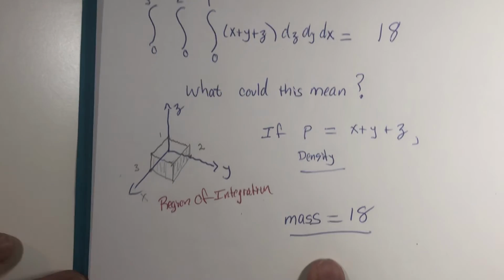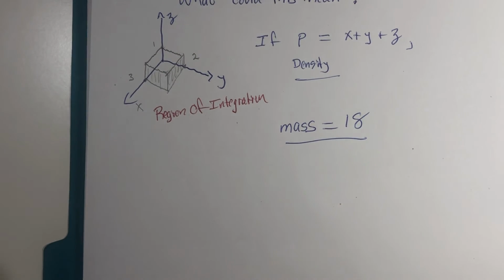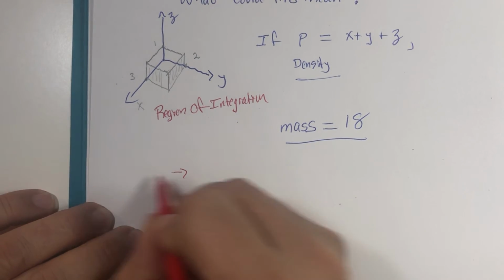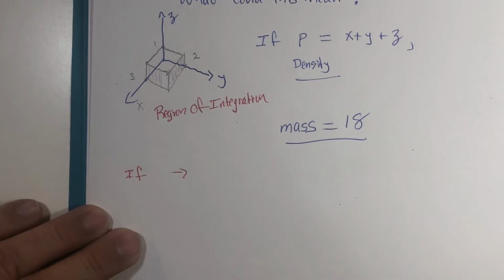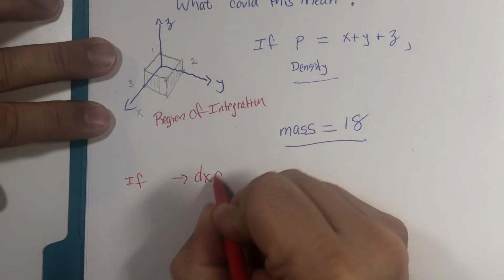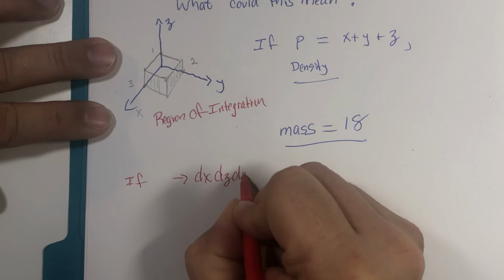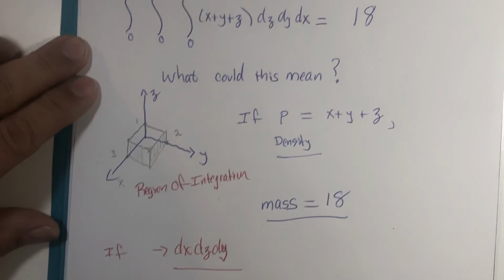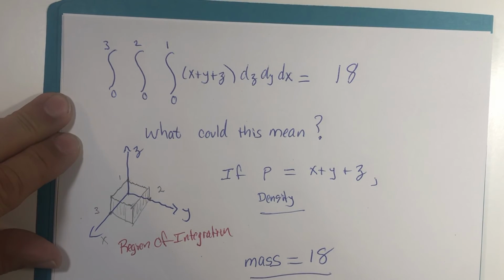So I have a little follow-up question. If you had switched the order to dx, dz, dy, would this have changed anything about this integration?